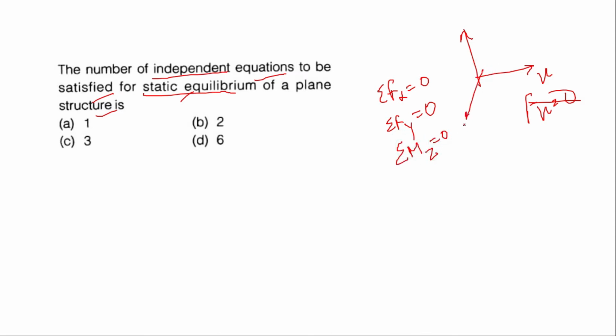Suppose this is the z direction, this is x, this is y, and the moment acting in the z direction is 0. So these three equations indicate static equilibrium. So the number of independent equations to satisfy static equilibrium of a plane structure is 3. So C is the right answer.